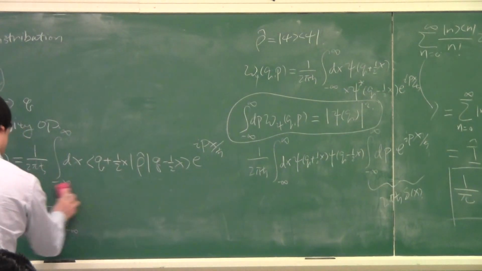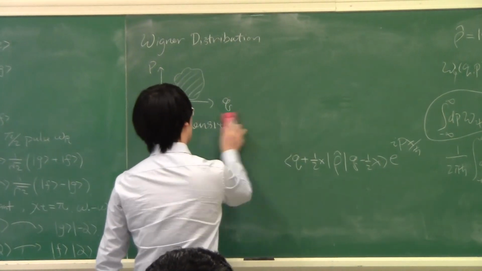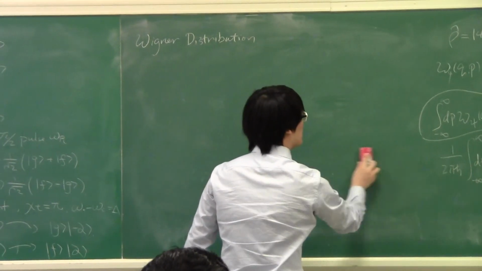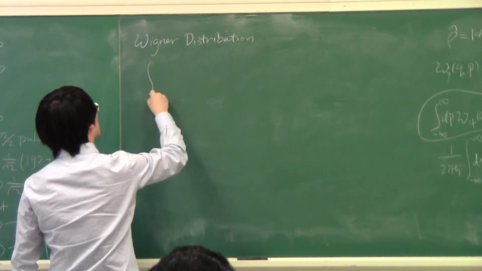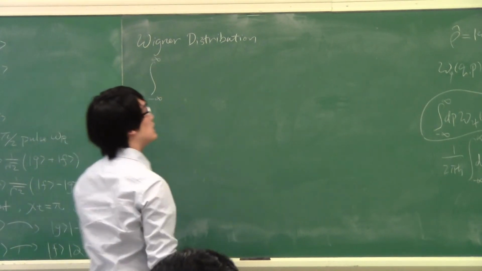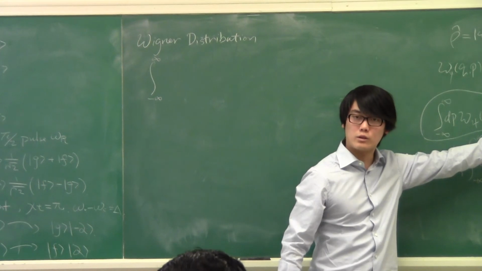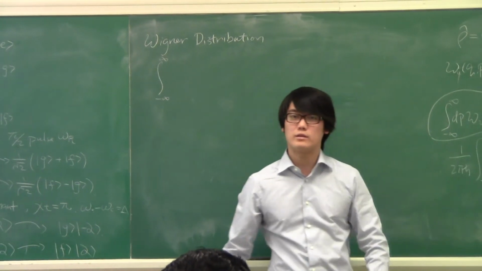we need a symmetric definition of the Wigner distribution. We can show that by thinking about this. Now if I integrate this thing over q, what am I going to get? I'm going to get 1 due to normalization of the wave function.